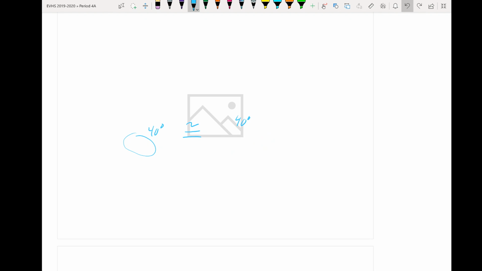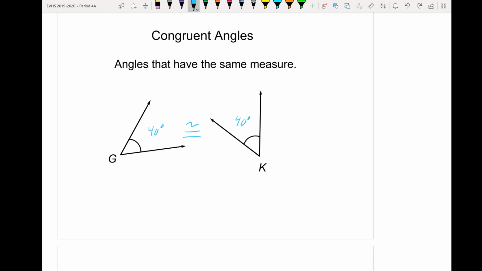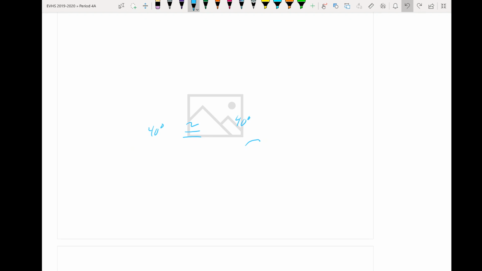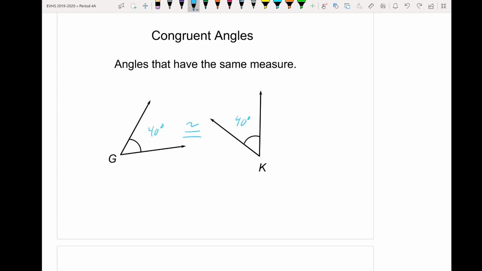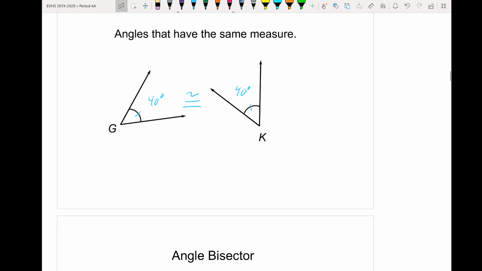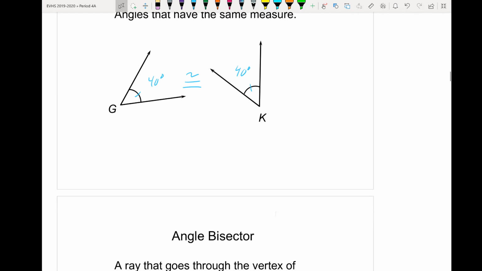Sometimes we'll do multiple arcs if we're trying to mark more than one in the same drawing. And another way of doing that would be with hash marks. So I could do a one mark, two mark angle measure. Sorry, a whole bunch of this entire first unit is just learning notation.